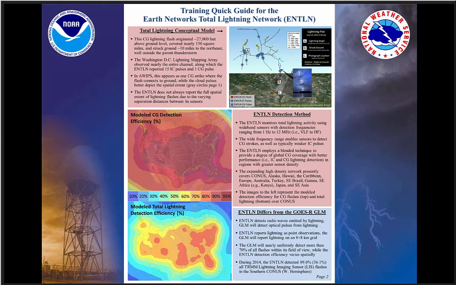And then on the back, a reminder of the conceptual model and what the total lightning data shows you versus what the NLDN has been showing you for years. And you can see the detection efficiency shown there for reference.